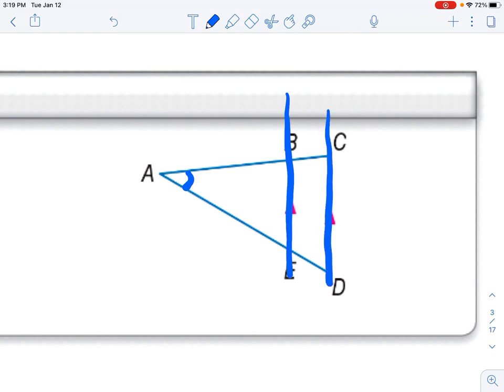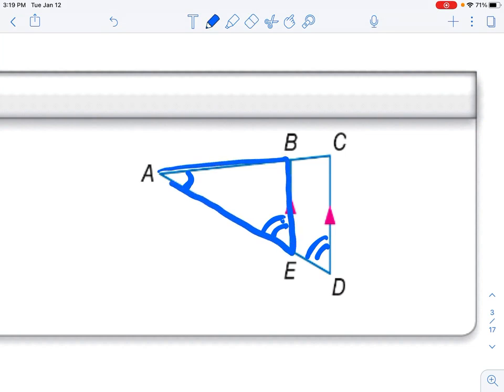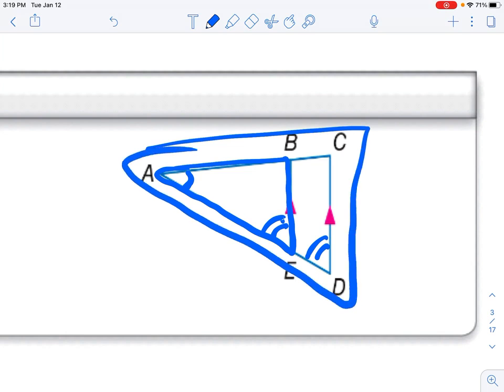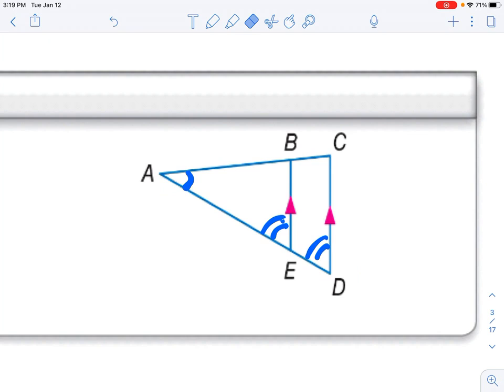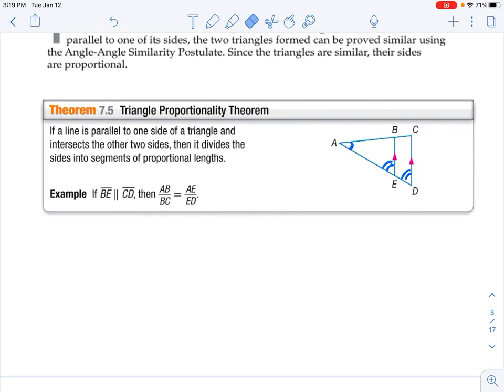If you extend our parallel lines and this transversal, we have these two angles that are congruent because of the corresponding angles theorem. So with that in mind, we have two similar triangles, the smaller one and the larger one, by the angle-angle similarity. That's what it was saying above.